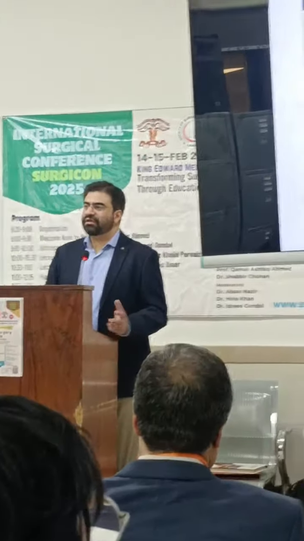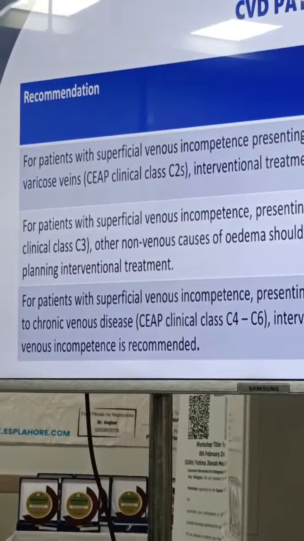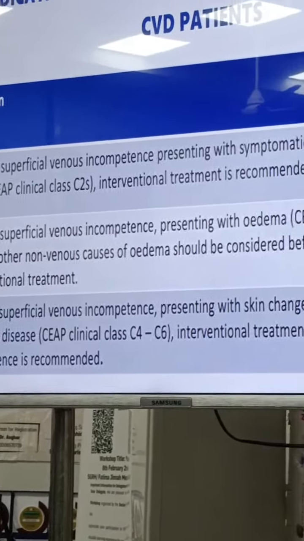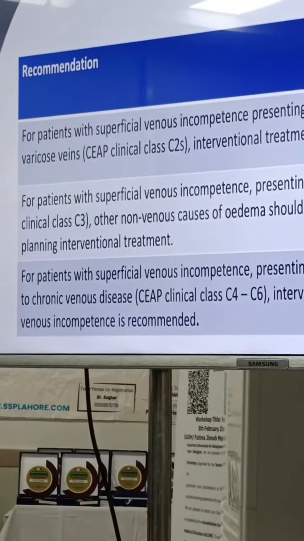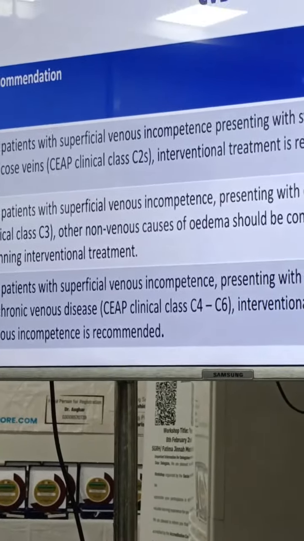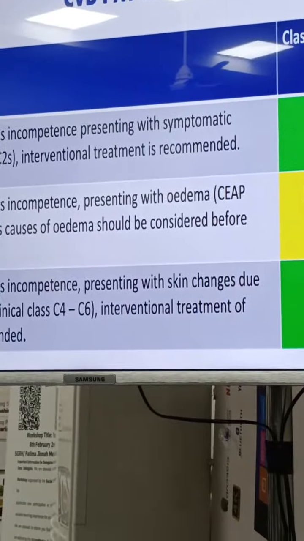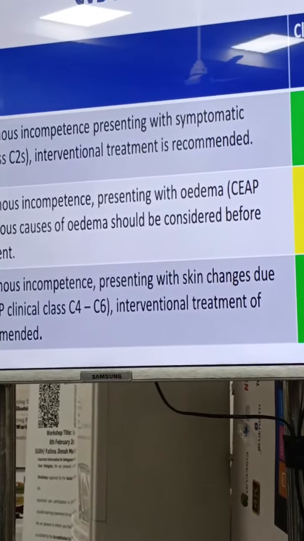So for the treatment of superficial venous system, the European Society of Vascular Surgery guidelines suggest you have to treat all the symptomatic superficial venous system disease upfront. Once the patient is symptomatic, he or she comes to you, you have to treat them.